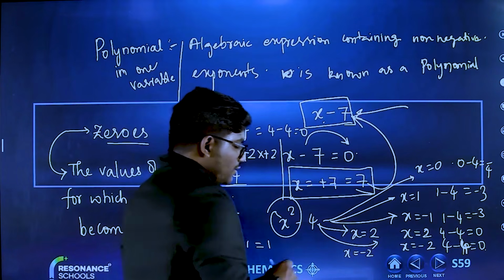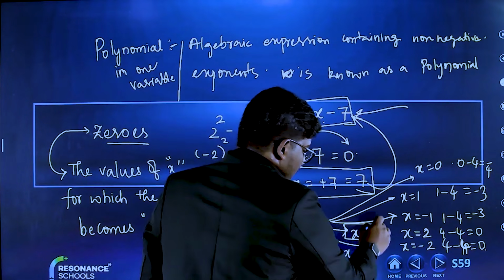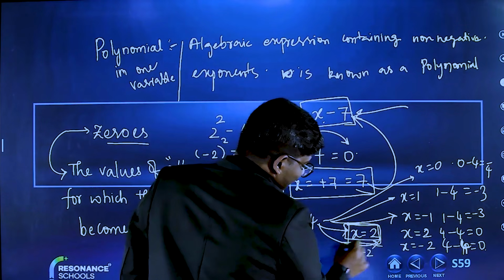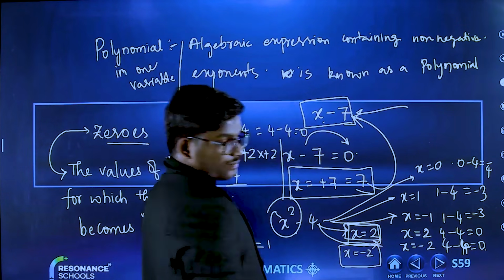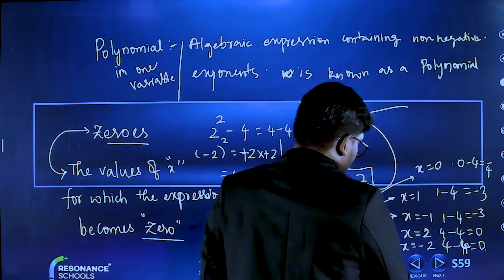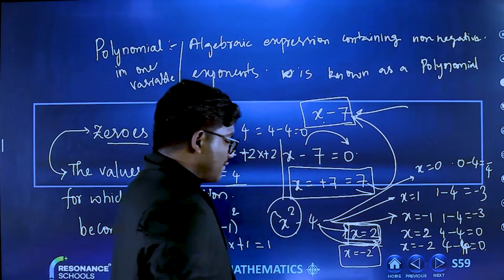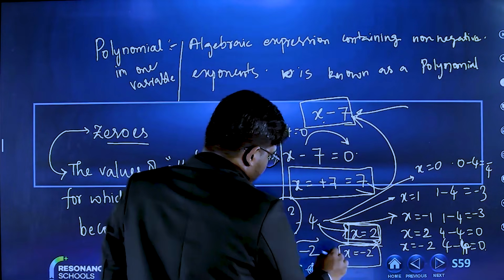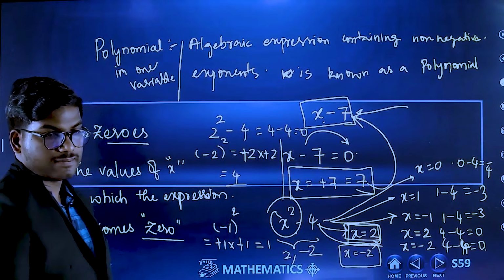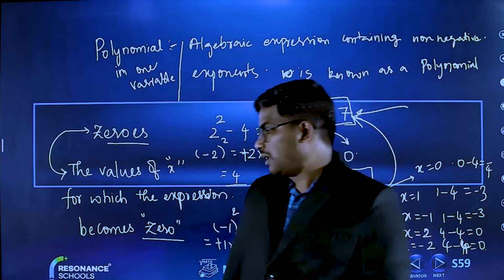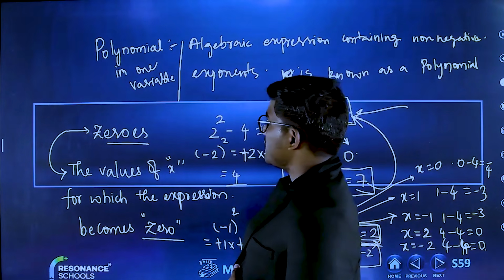So the values of x for which this expression becomes 0 are x equal to 2 and x equal to minus 2, right? So the zeros of this particular expression are 2 and minus 2. Alright? I would like you to note this down once.